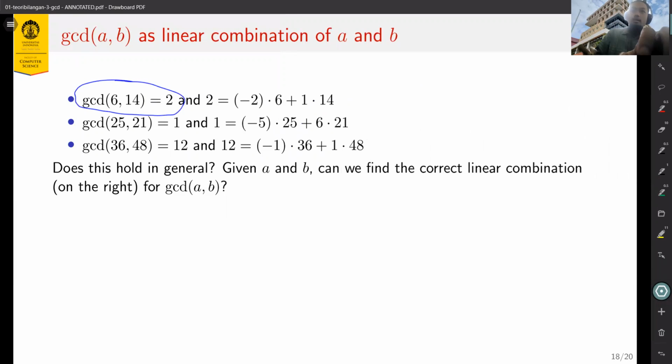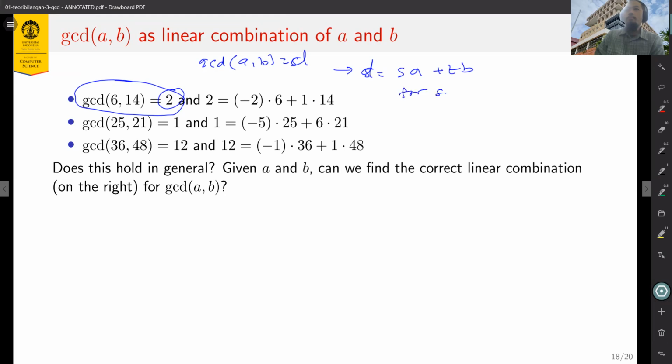If the GCD of a and b is d, then d can be written as sa plus tb for some integers s and t.